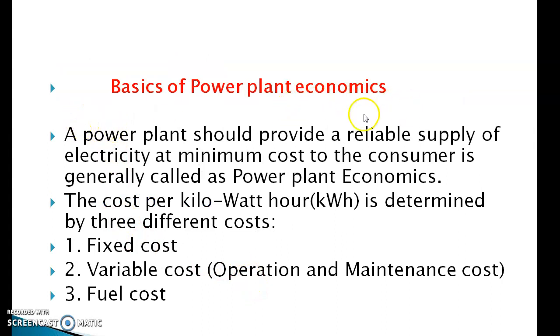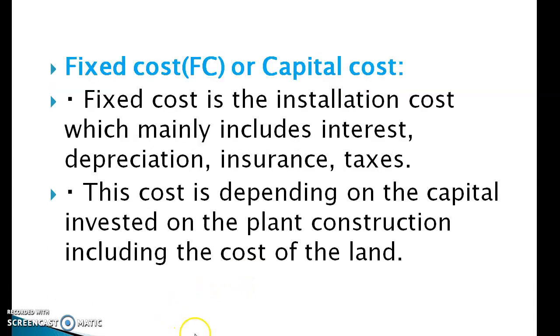Basics of power plant economics. The power plant should provide a reliable supply of electricity at minimum cost to the consumer. It is generally called power plant economics. The cost per kilowatt hour is determined by three different costs. First one is fixed cost, second one is variable cost or operation and maintenance cost, third one is fuel cost.